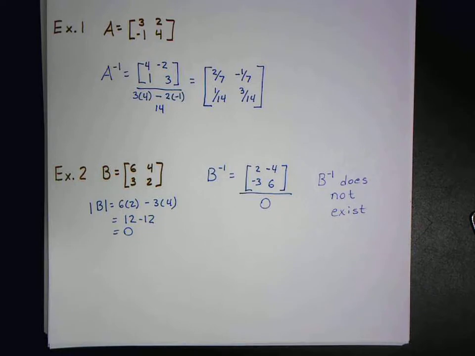This is why the determinant cannot equal 0. Because the determinant is the number that you divide by, so if the determinant is 0, you're dividing by 0, which is not possible. So, since the determinant of B is 0, B inverse doesn't exist.